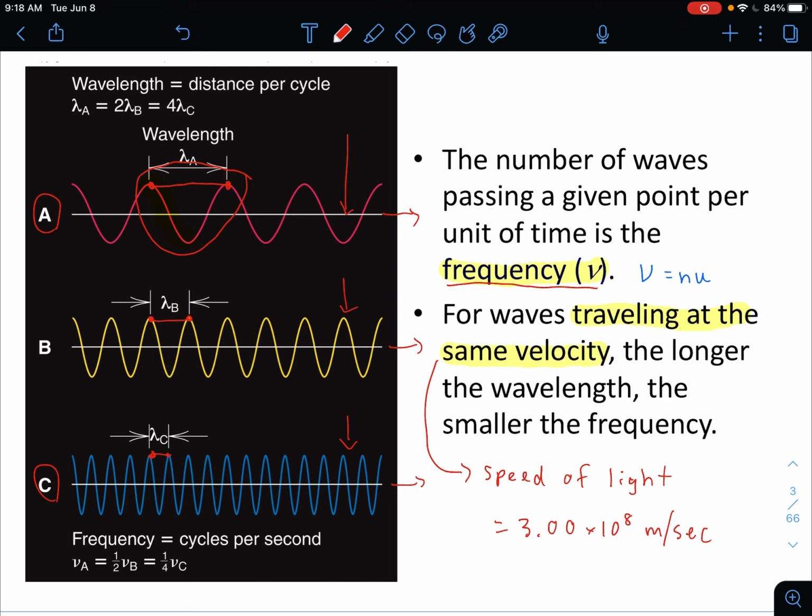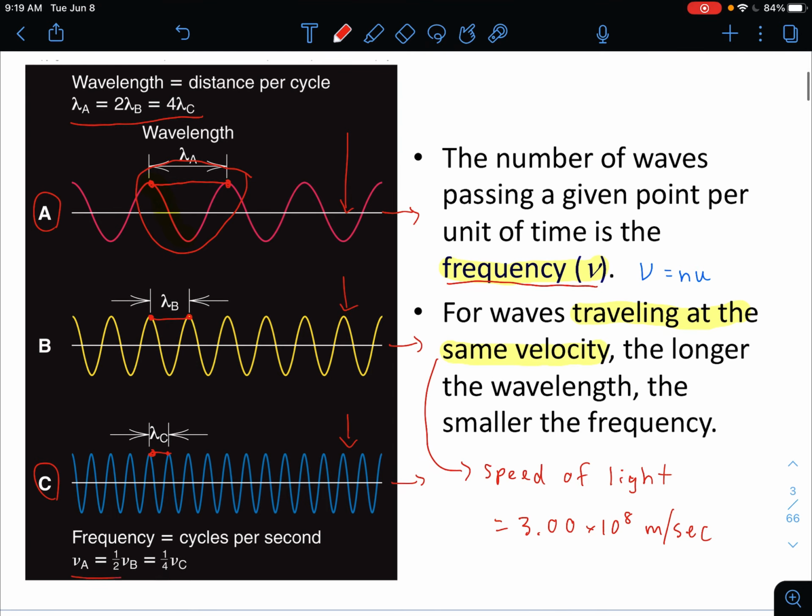And in fact, we can even go further and say that wavelength and frequency are going to be inversely related. So the picture we're supposed to see here is that the wavelength in case A is double the wavelength of case B, and 4 times the wavelength of case C. So as the wavelength decreases, the frequency is going to increase.